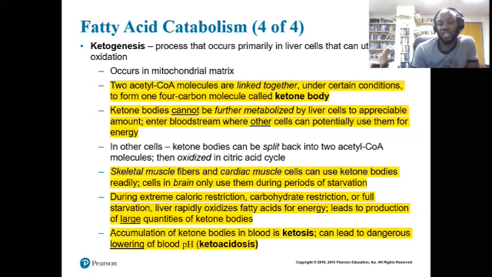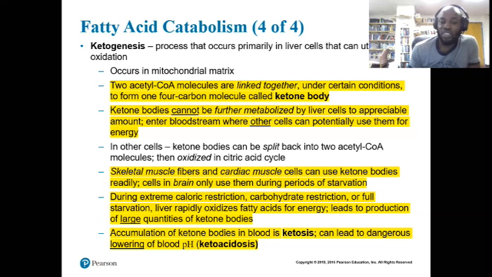With these low carb diets, you have fewer carbs in your body, so you will burn more fat. Fat is sort of a secondary energy source. The goal is that you'll lose weight, but you don't want to do this forever. It can be bad for your health, as you see here.